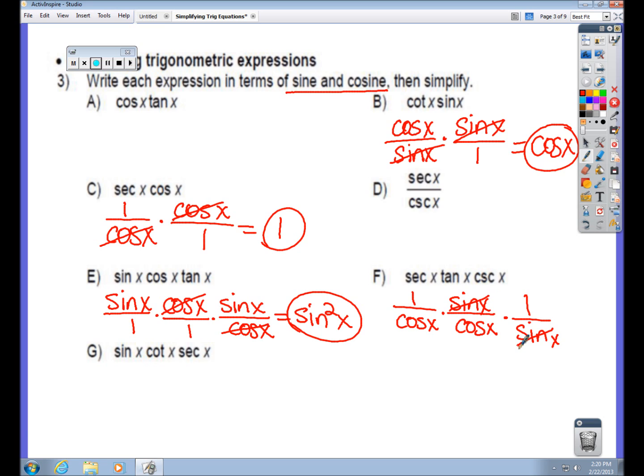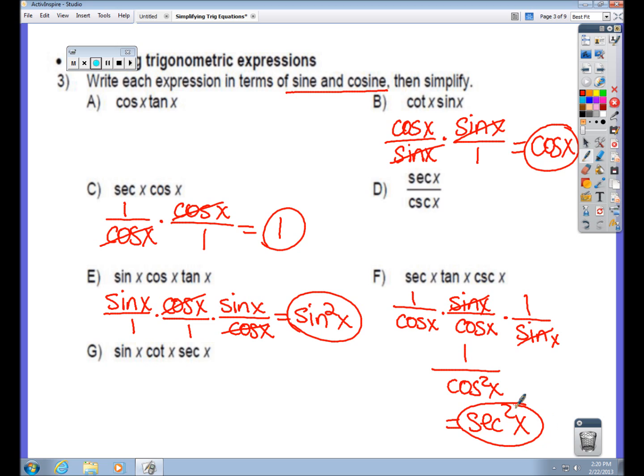And this time I end up with 1 over cosine squared. Cosine times cosine is cosine squared. But we don't like to leave trig functions in the denominator of a fraction. Okay, so 1 over cosine is the same thing as secant. But if I've got 1 over cosine squared, then I'm going to write that as secant squared.